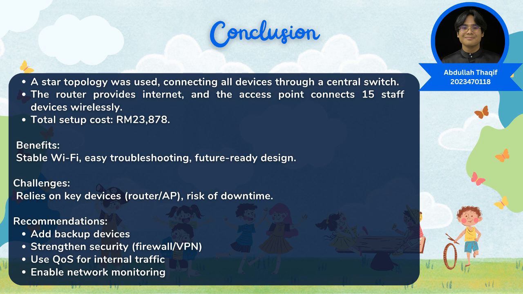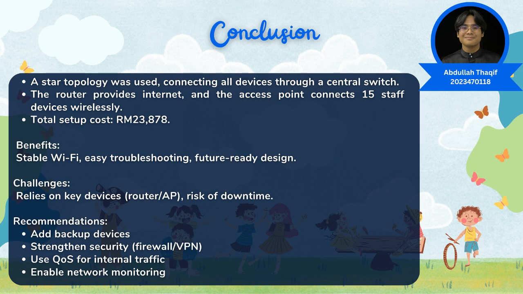After calculating the cost, the hardware, software and the installation cost will be 23,878 ringgit. By implementing this star topology, there are a lot of benefits, such as a stable Wi-Fi, easy troubleshooting in the future, and lastly, it is a future-ready design so that we can use this system for a long time.